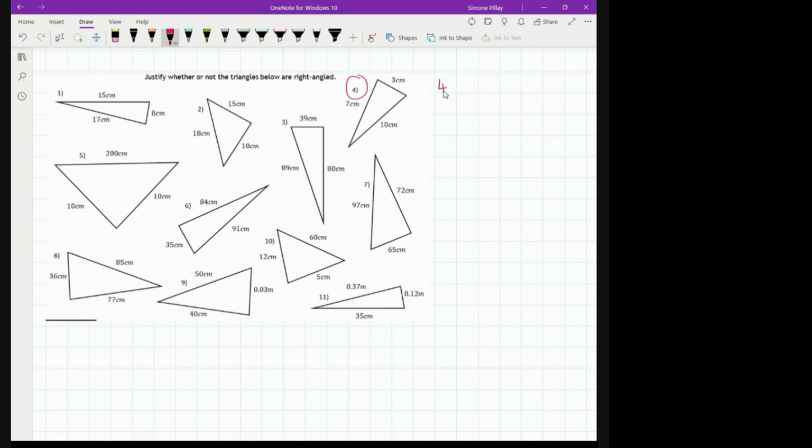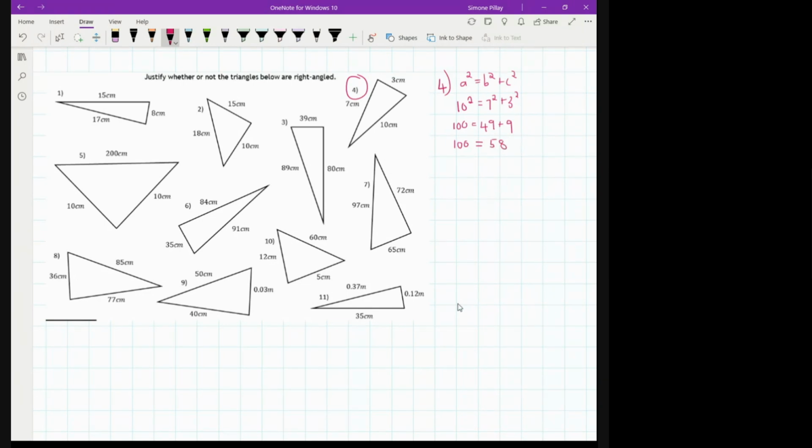A squared is equal to B squared plus C squared. A squared is 10 squared, equal to 7 squared plus 3 squared. 100 is equal to 49 plus 9. 100 is equal to 58.